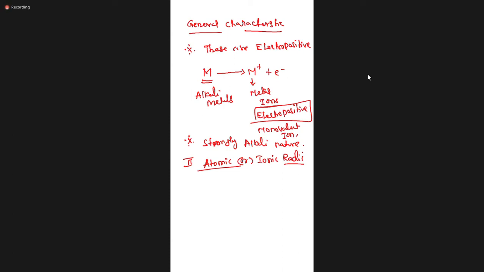Yes, the distance between the center of the nucleus to the electrons is called atomic or ionic radii. Generally, please note this point, alkali metals have the largest size in their respective period.